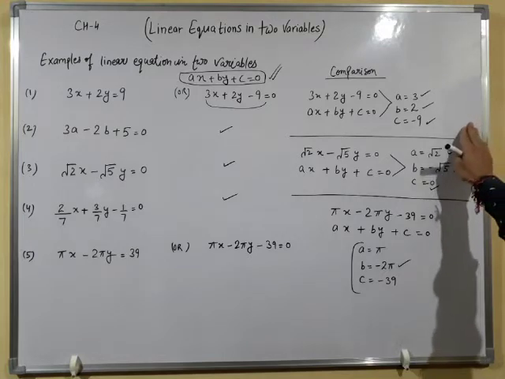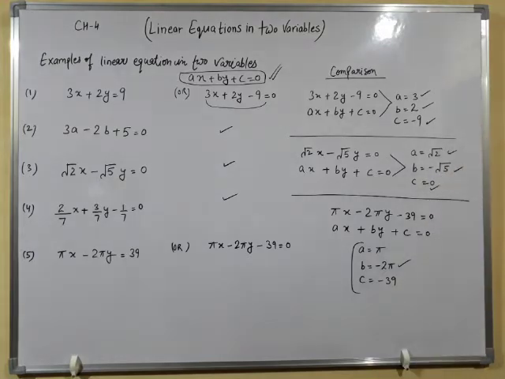So in this video we have studied two most important properties of linear equations. Number one, we can add or subtract the same quantity from both sides of the linear equation, and property number two, we can multiply or divide both sides of the equation by the same number or quantity, and that number can be positive as well as negative.